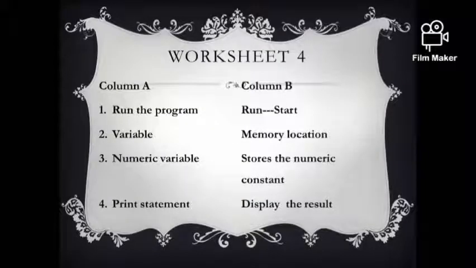Worksheet number 4. These are the matchups. First question is run the program. Now we all know that to run a program we have to use run start. A variable is a memory location. A numeric variable stores the numeric constant. The print statement is used to display the result.